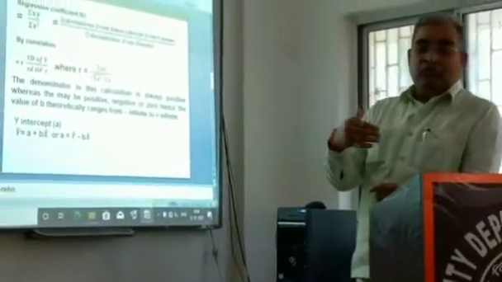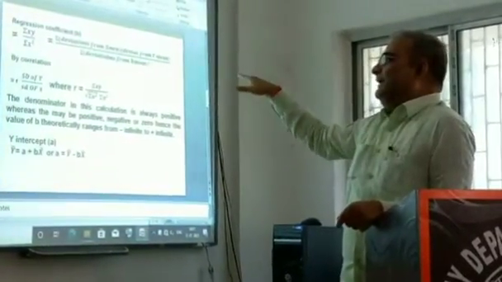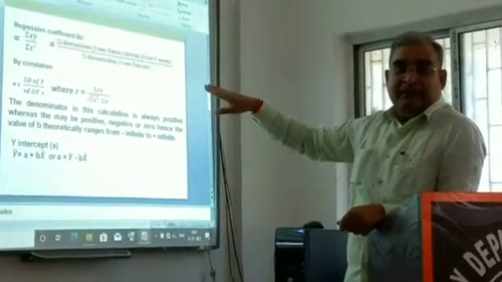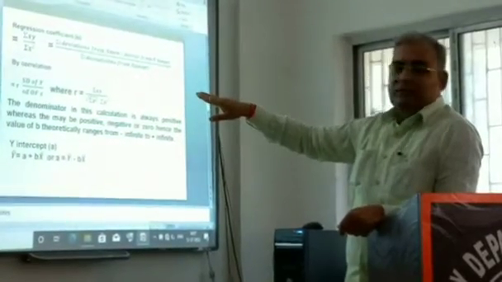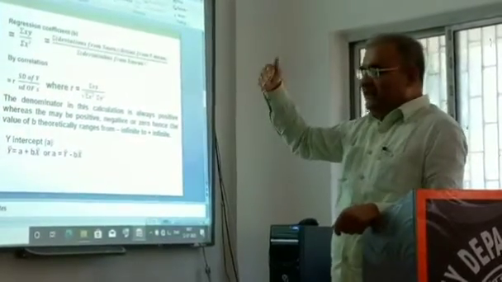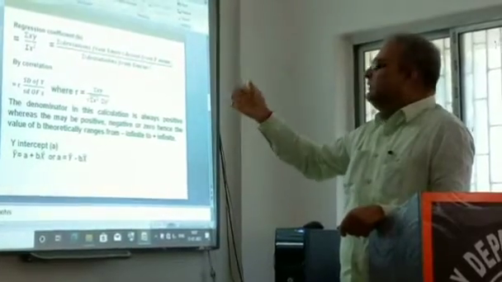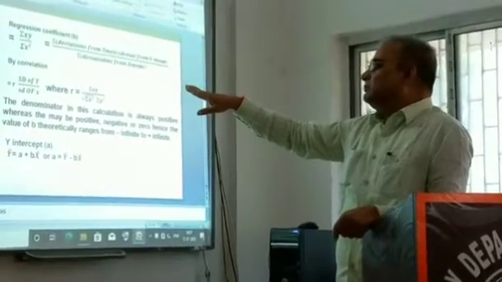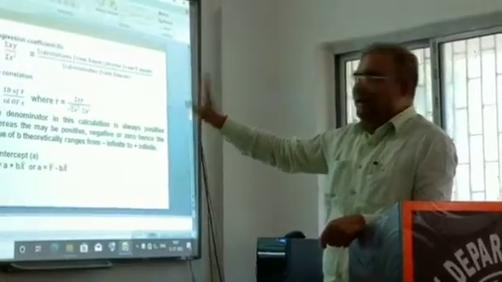And if we want to calculate the regression coefficient by way of the correlation, then the formula is R multiplied by the ratio of the standard deviation of y divided by the standard deviation of x.